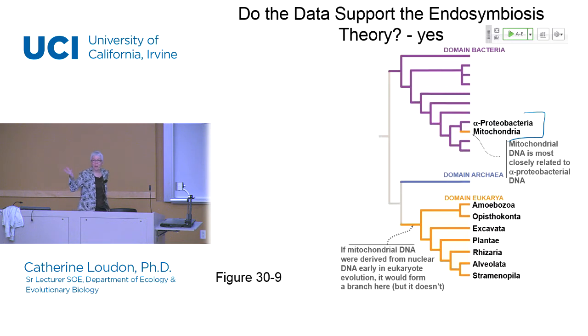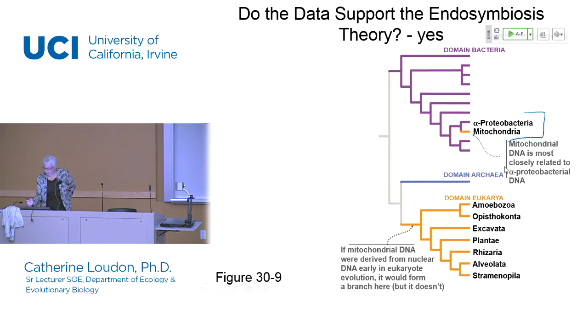So if one takes the mitochondria, the organelles, the DNA within the mitochondria, and puts that on a phylogenetic tree by comparing similarity of the mitochondrial DNA with the DNA from these other groups, then it does not come out with any of the eukaryotic groups, but rather as a sister group to the alpha proteobacteria.